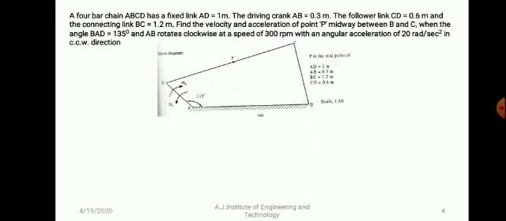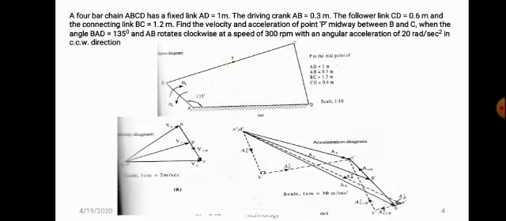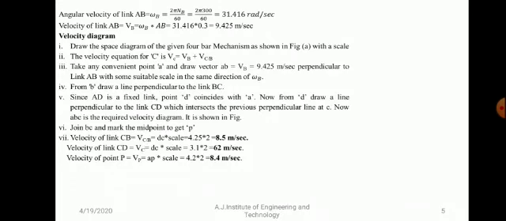Find the velocity and acceleration of point P midway between B and C when the angle BAD is equal to 135 degree and AB rotates at 300 rpm with an angular acceleration also given, 20 radian per second square. Alpha is anti-clockwise, omega is in clockwise direction. One is clockwise, one is counterclockwise.